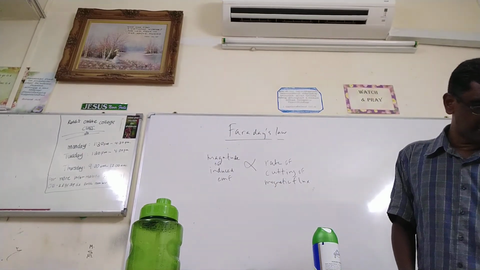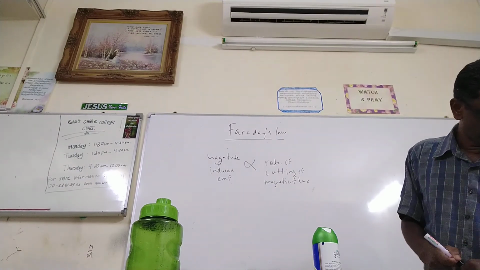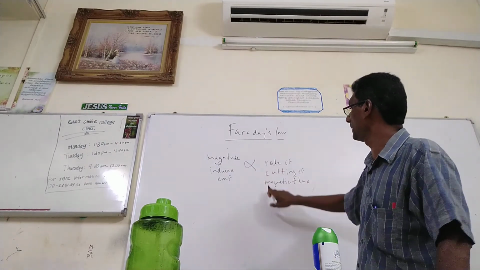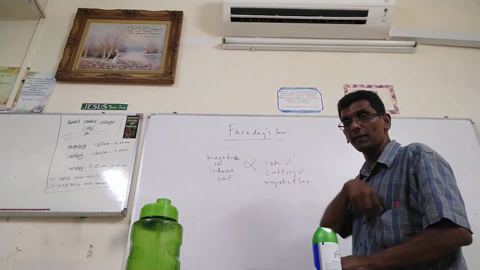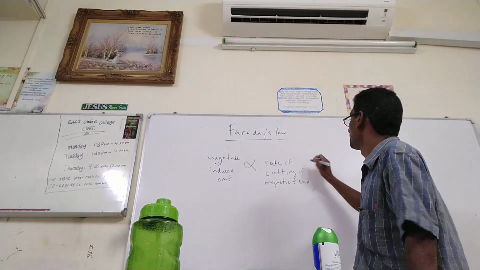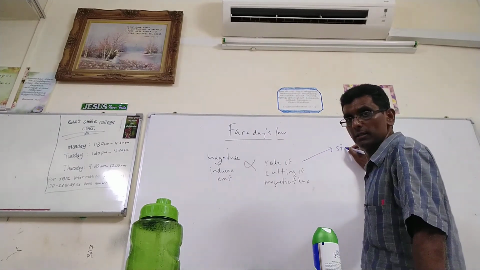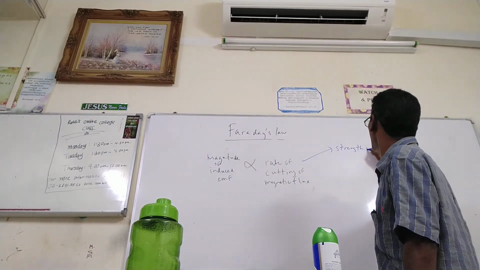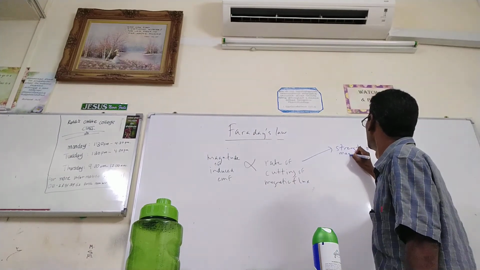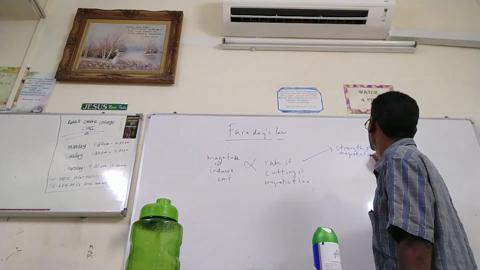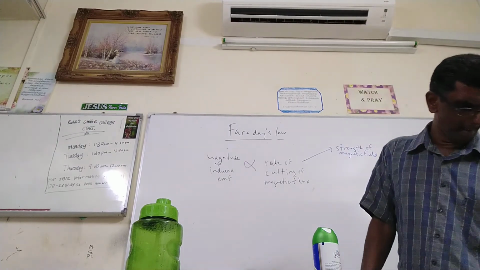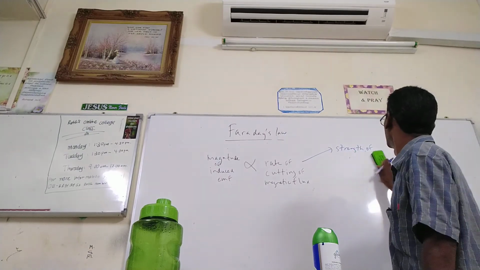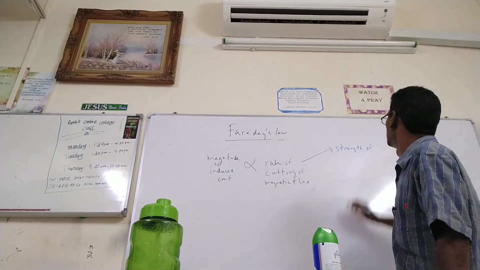The rate of cutting of magnetic flux has 5 factors. The first factor is the strength of the magnetic field, or strength of magnet.